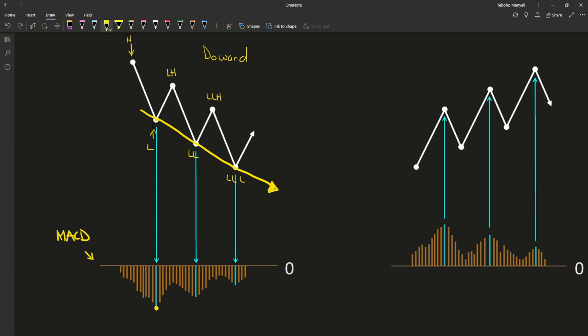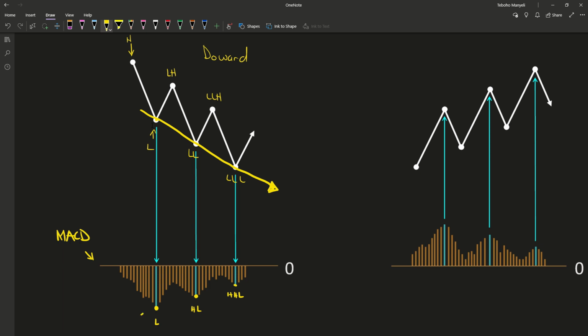As we create our second low, the MACD also creates a low here in blue. But instead of the low becoming a lower low, it's now a higher low. So this is the low, this is the higher low. And the third low, which is supposed to be a lower low, becomes a higher low. Alright, so it's literally doing the opposite of what the actual price is doing.